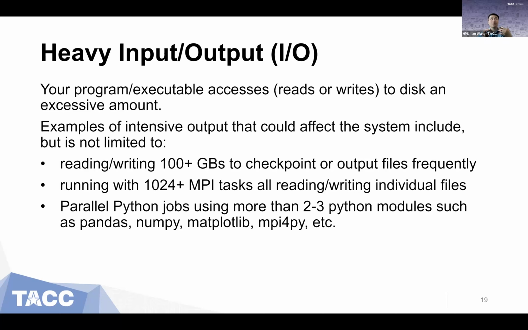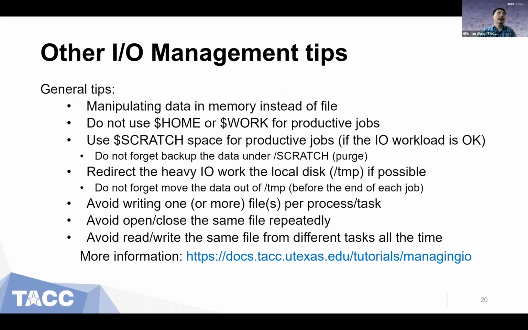But if you are just handling large files in parallel, doing HDF5 files with parallel read or write, it's going to give you really good bandwidth without any issues. There are some other I/O management tips that I'm not really going to focus on. You can read that.